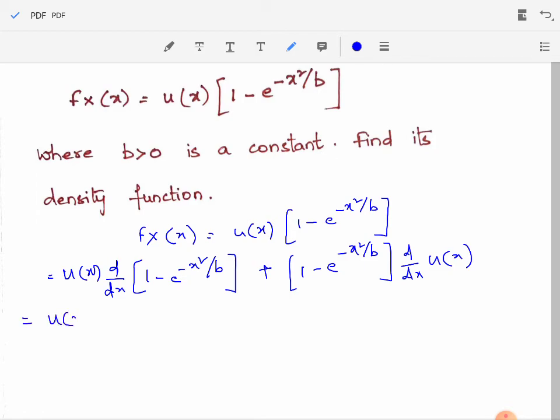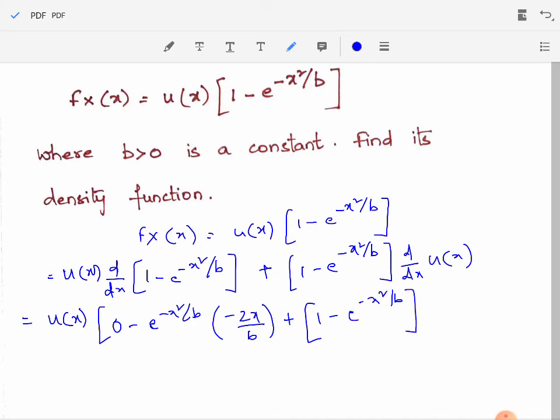This can be simplified as u(x) times d/dx of (1 minus e^(-x²/b)), where the derivative of 1 is 0, minus e^(-x²/b) into the derivative of minus x squared by b, which is minus 2x by b, because the differentiation of e^x is the same e^x. Plus, taking the term 1 minus e^(-x²/b) as it is, times d/dx of u(x); the derivative of the unit step function is the delta function, delta of x.